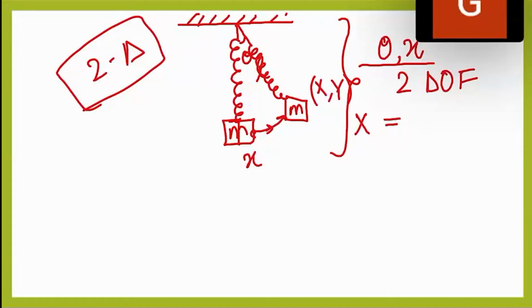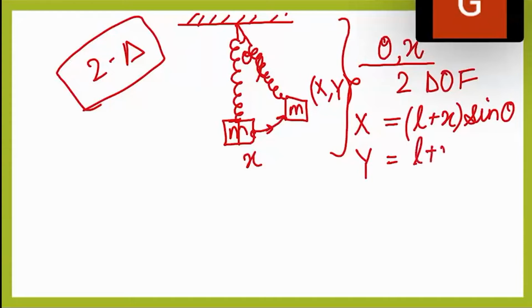I'm assuming that the spring gets extended. So x will be (L plus x) sine theta. Then y will be (L plus x) cos theta. This is your theta.